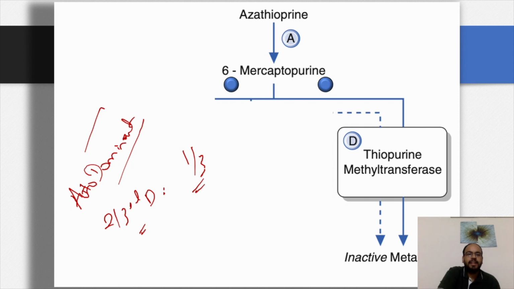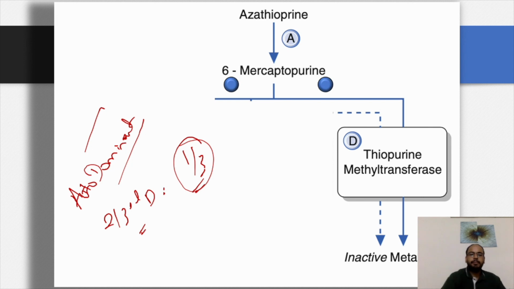So that means not in all cases of genetic polymorphisms, for example, on genetic testing, you would have normal alleles, but the patient is responding as if the TPMT is not active. That means post-translational modifications are happening, which is seen in 1/3 of cases.